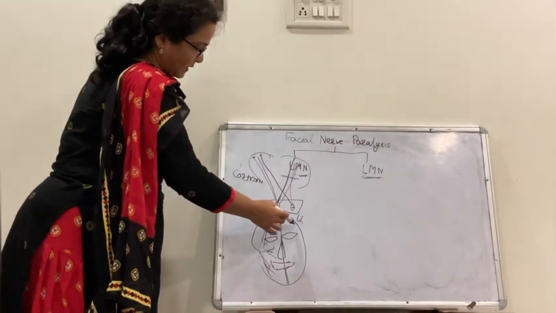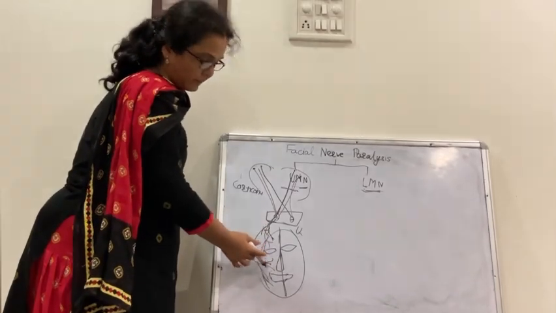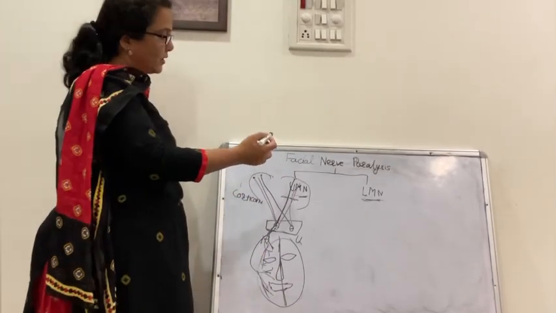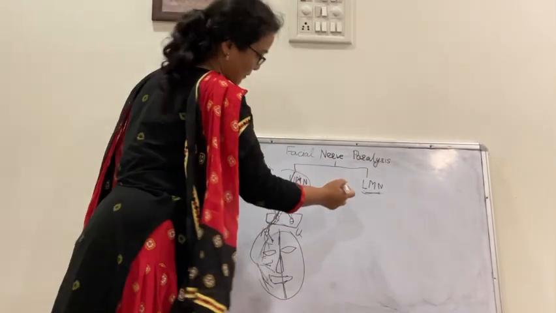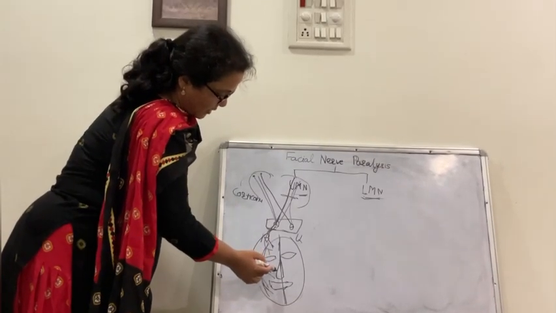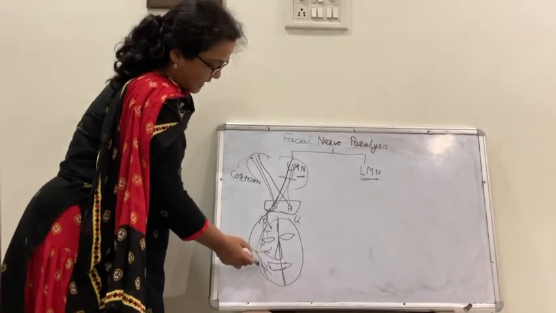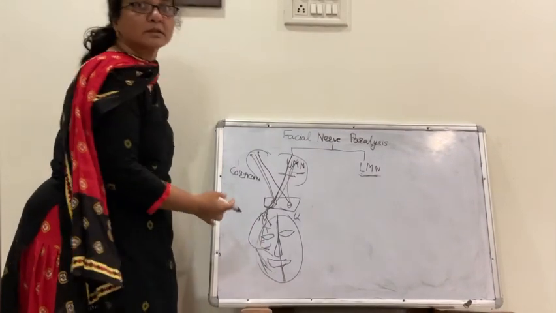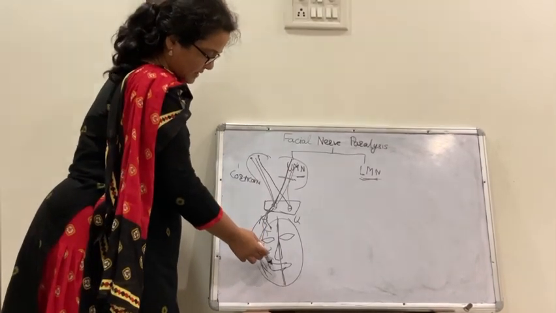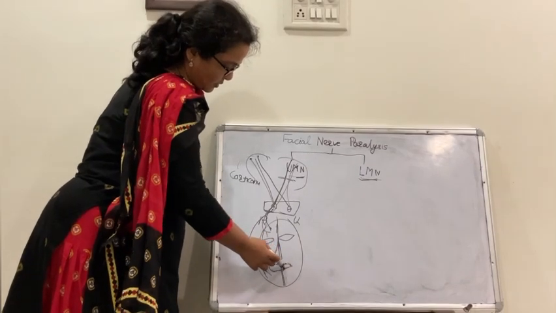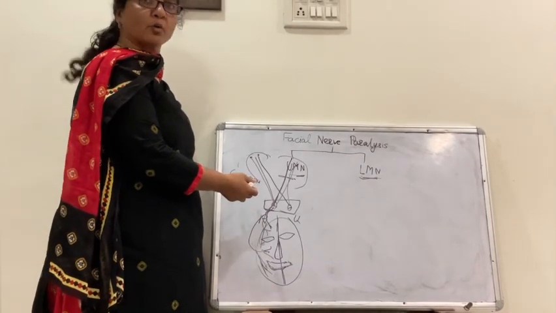In upper motor neuron, the upper part of the forehead or face will escape, while the lower part will be paralyzed. And we have seen in lower motor neuron paralysis, there is absence of wrinkles, absence of elevation of the eyebrows, then there will be obliteration of the nasolabial fold, as well as drooping of saliva from the mouth, because there is paralysis of orbicularis oris, as well as drooping of the lips or mouth deviated, and that is due to paralysis of the levator oris muscle.